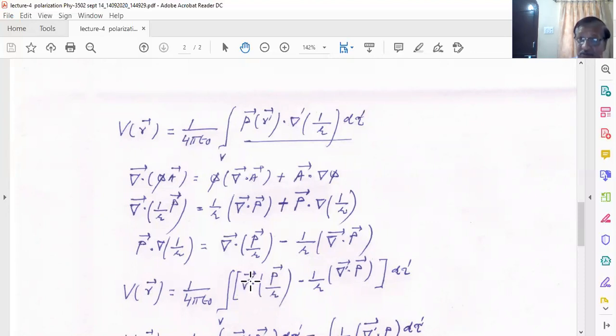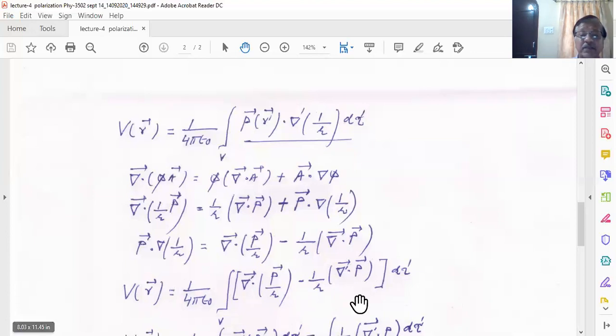So you have to differentiate with respect to the source coordinate. Minus 1 upon r, and the divergence of P, but because we have del prime here, write del prime dot P. I hope you understand this step.